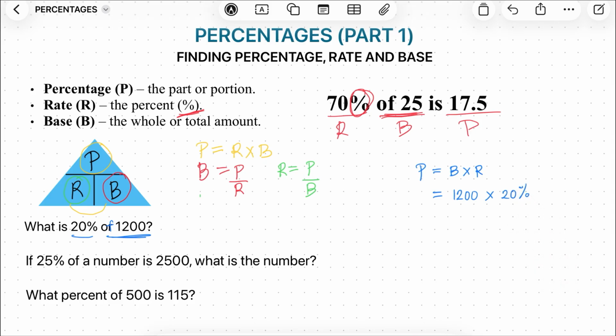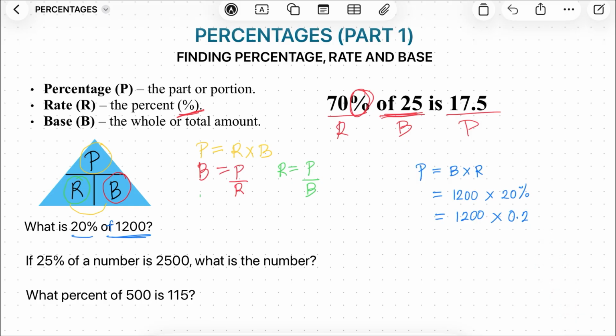Most of the time, people use decimals, and we're going to do that. So 1,200, converting 20% to decimal is 0.20 or just 0.2.